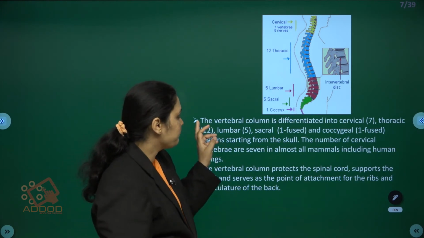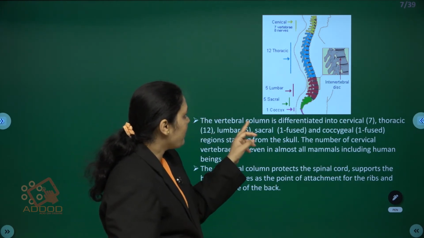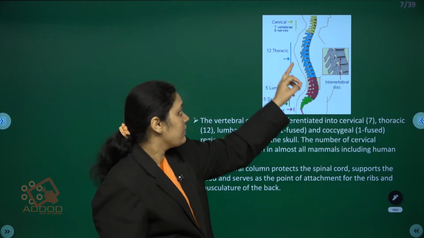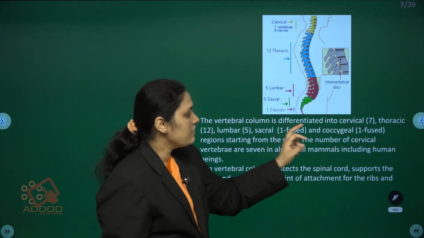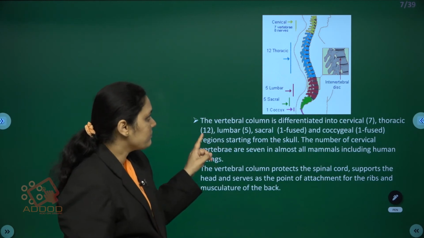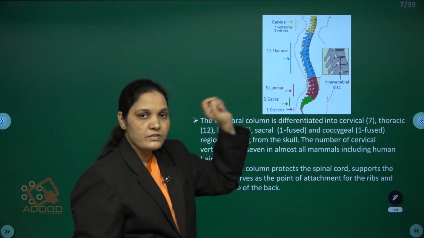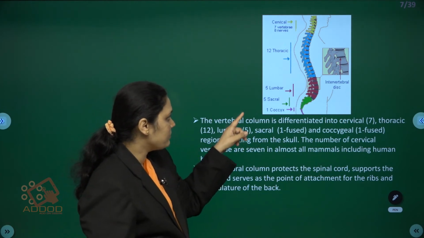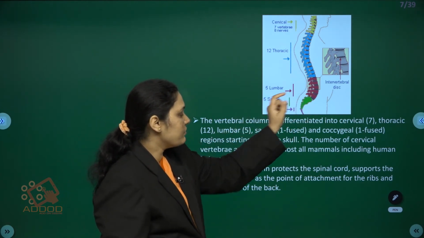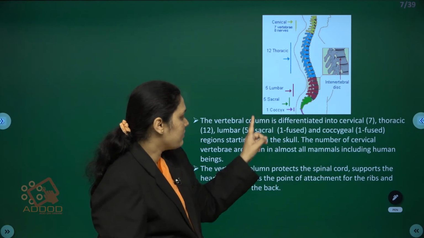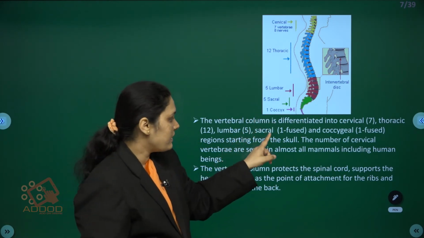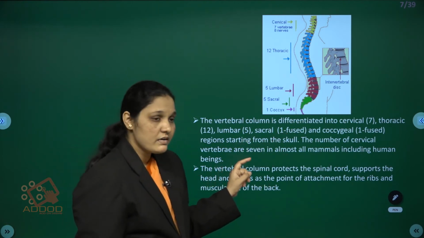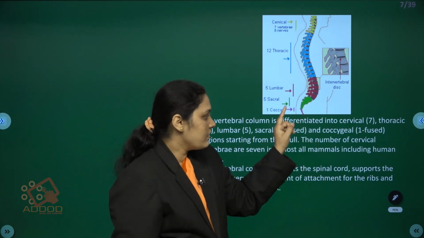Let us see. The vertebral column is differentiated into cervical, the first 7 are called cervical, and then thoracic, where we have 12 thoracic vertebrae, and then the lumbar region, these are the lumbar bones. 5 lumbar, 5 sacral, which are fused, and again coccygeal.